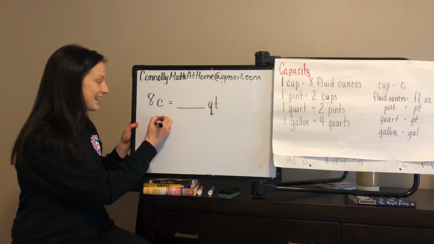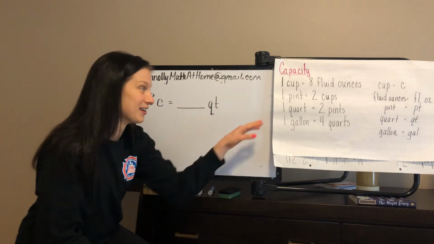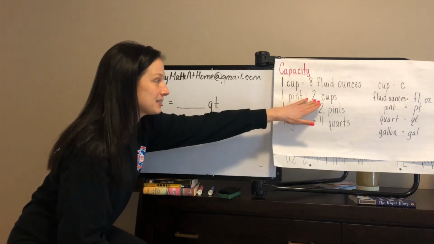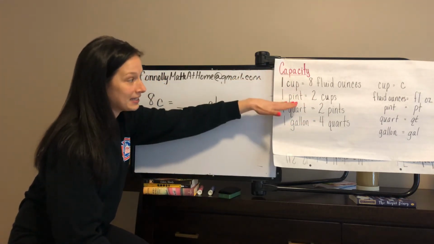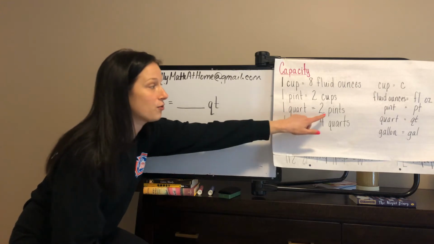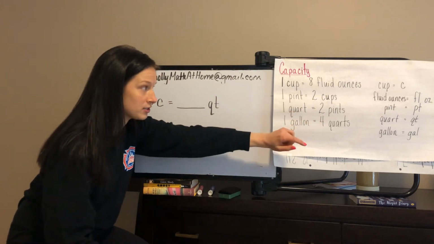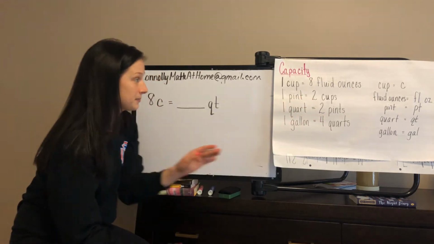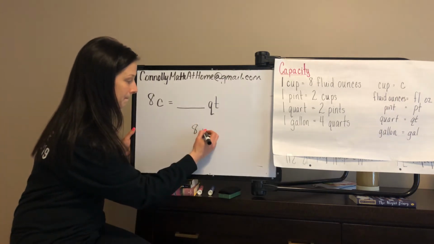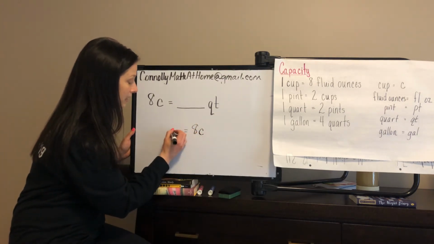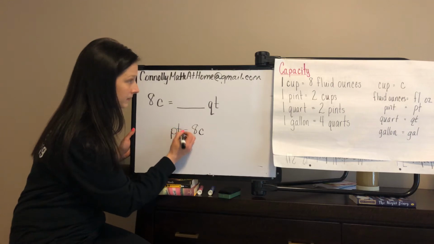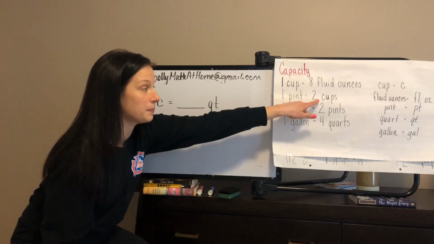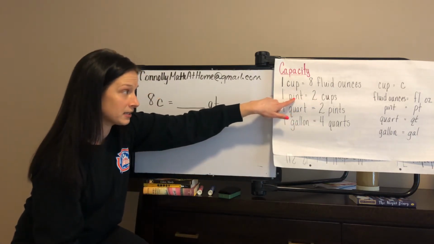If I have 8 cups, I want to know how many pints that is, because then I can go from pints to quarts. So 8 cups equals how many pints? Well, I know that there's 2 cups in each pint.